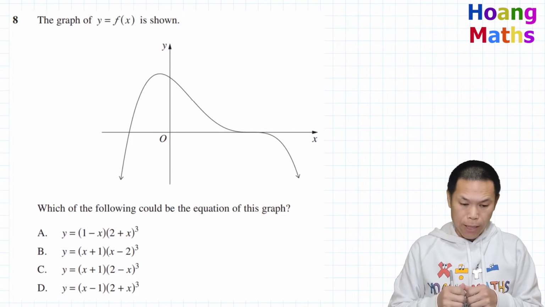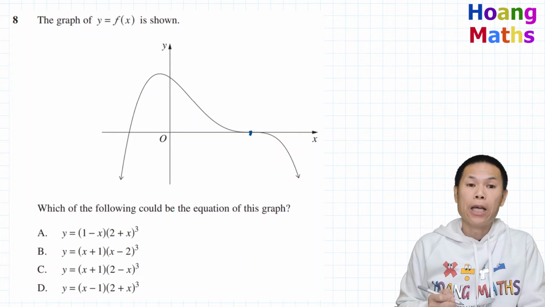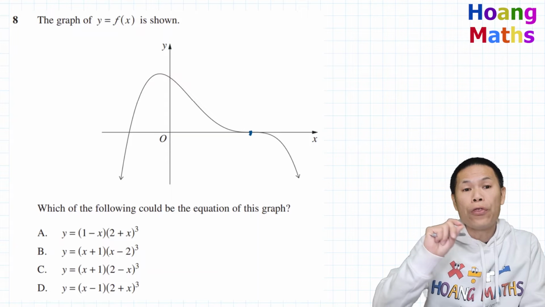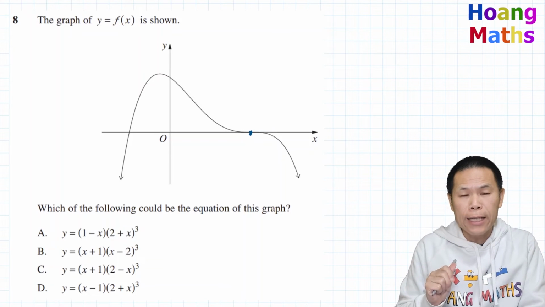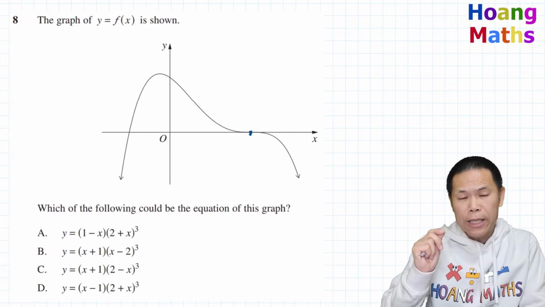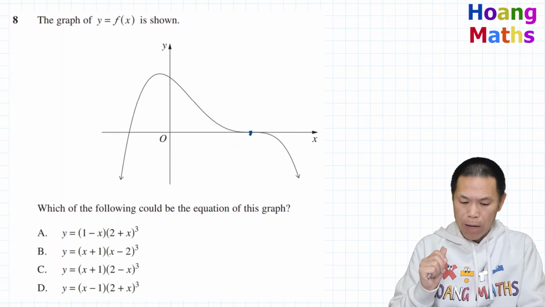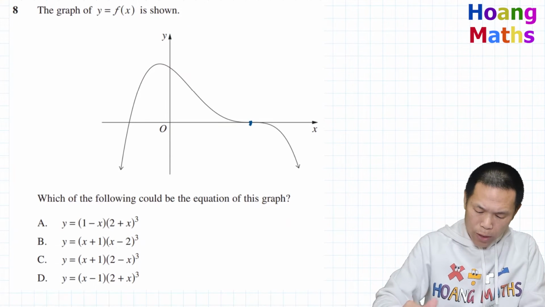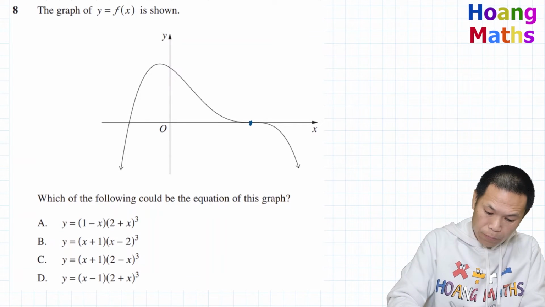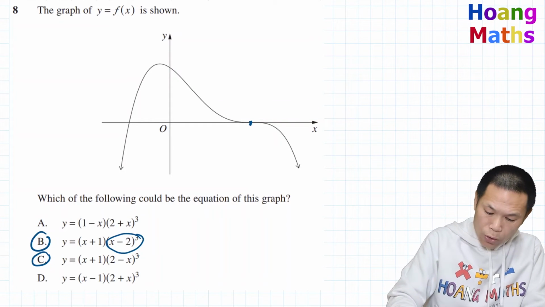Question number 8. First of all, we know that there is a point of inflection here, and the point of inflection is on the positive side of the x-axis. So this means that it should be x minus a number, power of 3, right? In other words, we can have either B or C because this can be x equal to 2, this also x equal to 2.